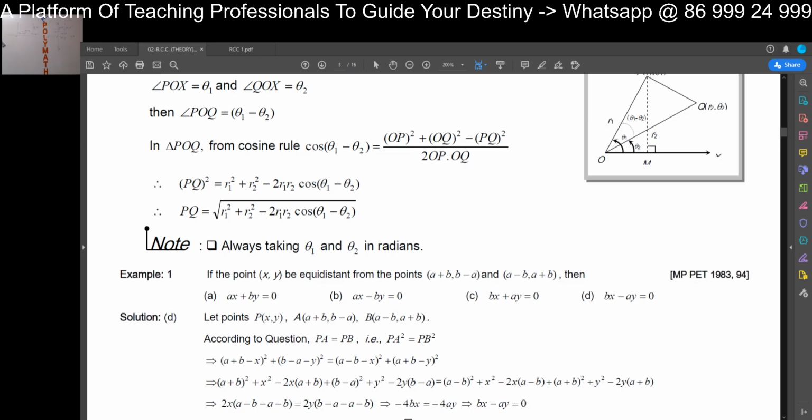In the application part, what I mean to say by application part here is, if you have a triangle, for example, you will be getting the length of the third side.